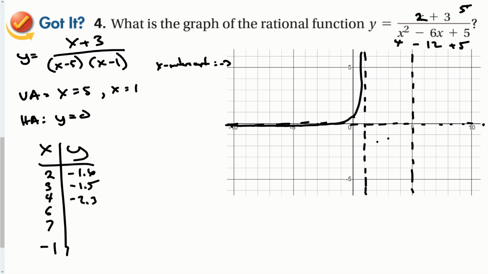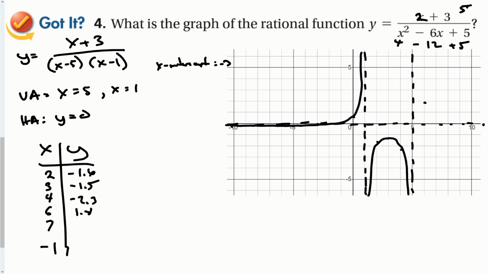And that's enough right there to graph this approximation of the graph. It's not perfect. It's not going to be exactly what this graph looks like, but it's good enough for what we want to do. Let's finish with 6. And we get 1.8, so almost 2.